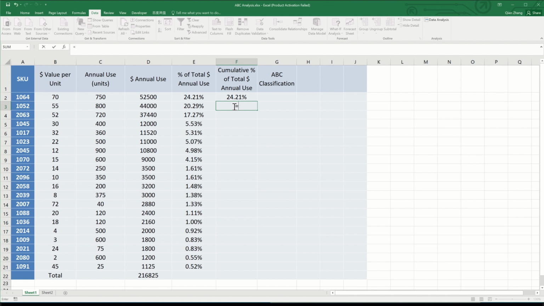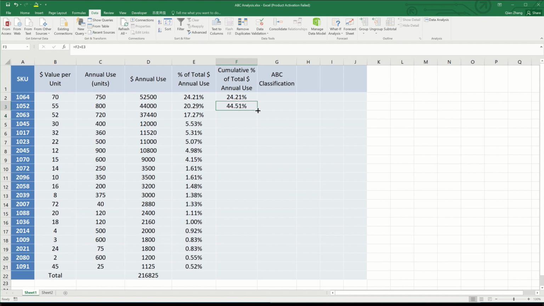So it equals the total percentage for the first two SKUs. So we use what we have here plus what we have for the second one. This is what we call the cumulative percentage of total value for the first two SKUs.